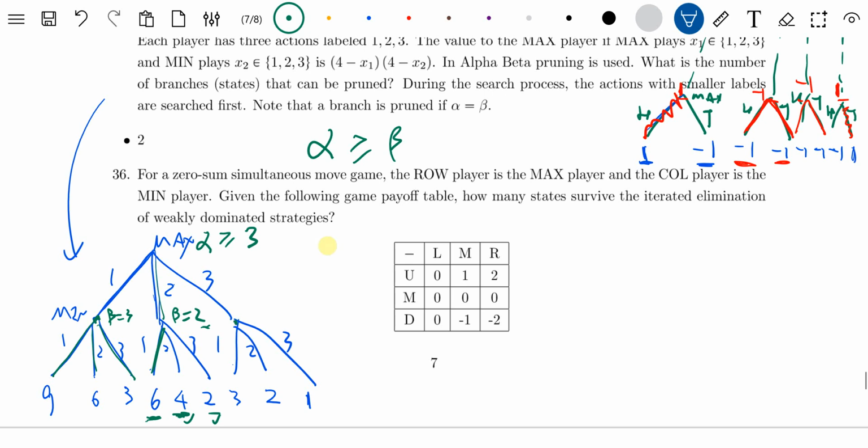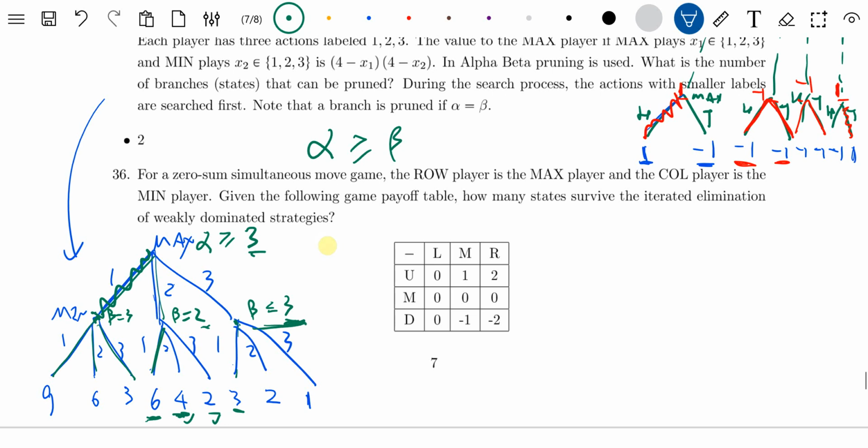Okay, so moving to the last one. Beta here is less than or equal to 3 because this is a minimum player after I search 3. So now alpha is equal to beta, so we can stop. So what it means is the max player can get 3 from this already. And here, if the max chooses this right action, the action 3, then max can get at most 3.